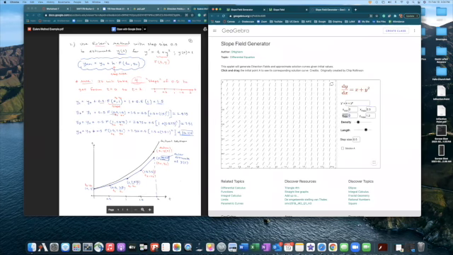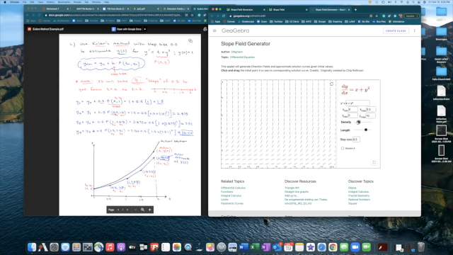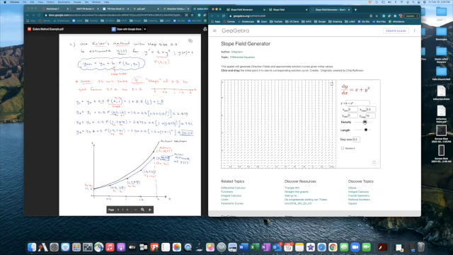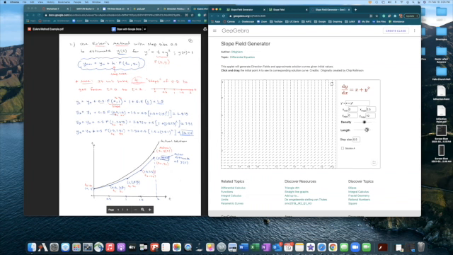Y minimum 0, y maximum like 8. Ooh, or maybe bigger. Let's go 10. And then density, sure, more dense. Length a little bit longer. So the idea here is that we're starting at 1, which my y scale is a little too big. Sorry, 1 second. Let me move this to 5.